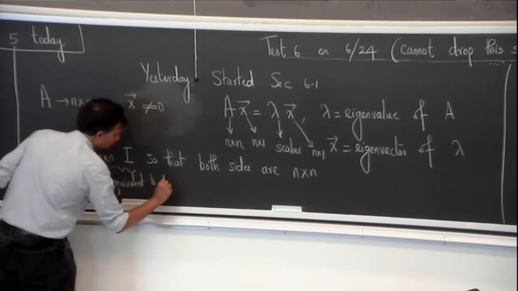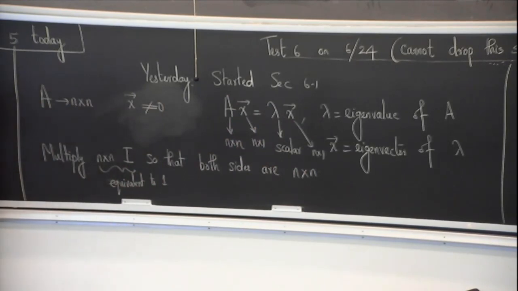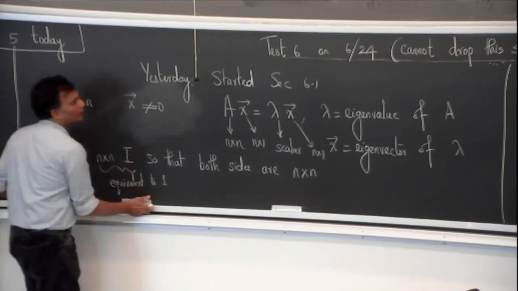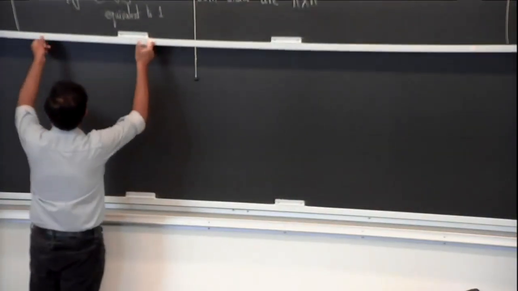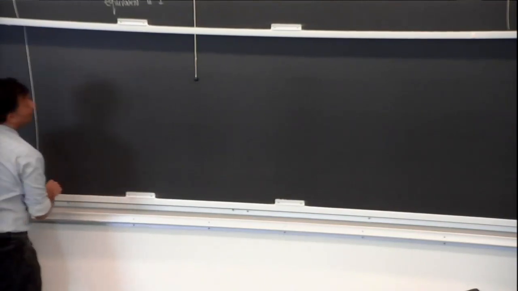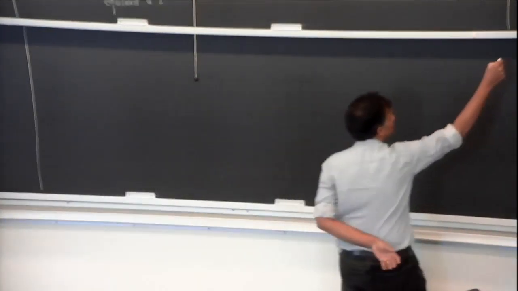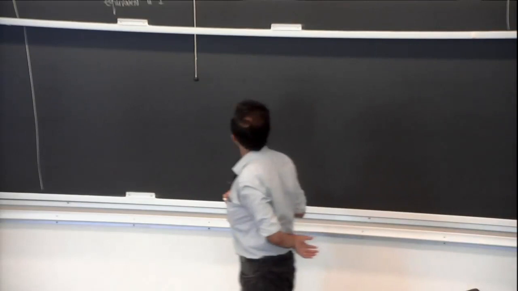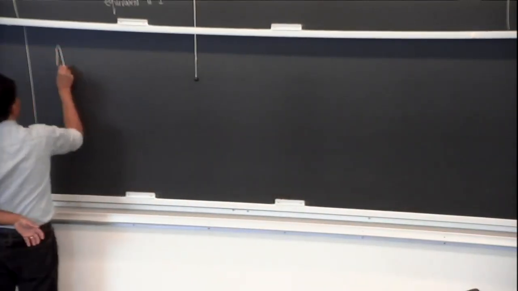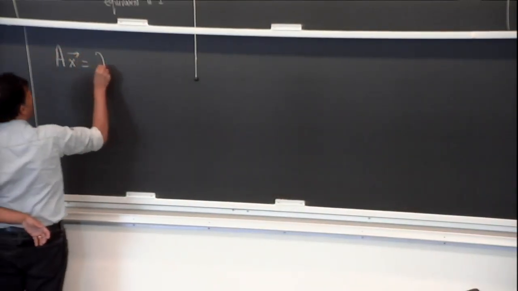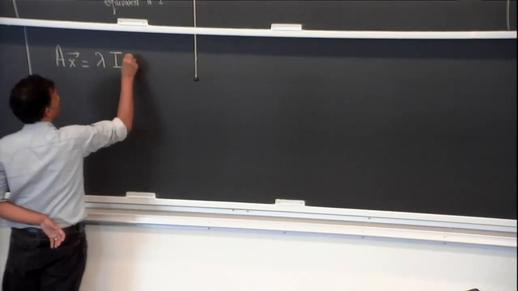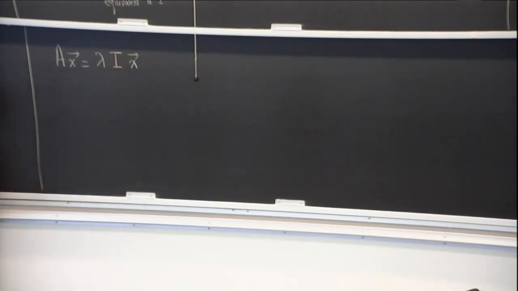You can always multiply 1 anywhere, it doesn't change anything. All right, so we have A times x equal to lambda times I times x. So both sides have now matrices of size n by n.